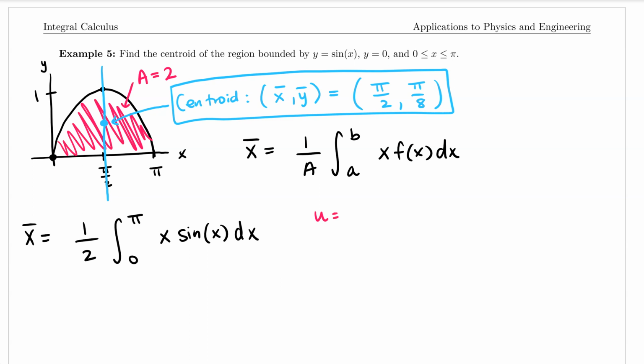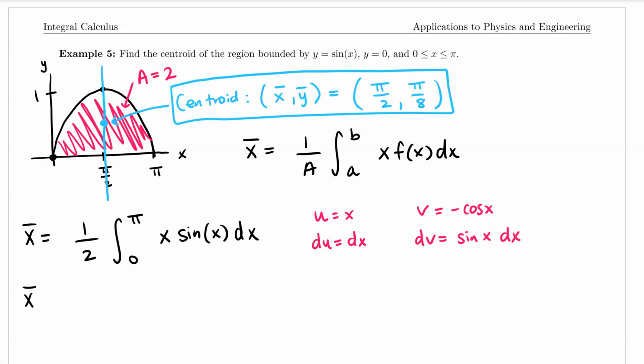So let's set our u value equal to x. du is going to equal dx. dv is going to equal sine of x dx. And then v, if we integrate both sides of that, we're going to get negative cosine of x.